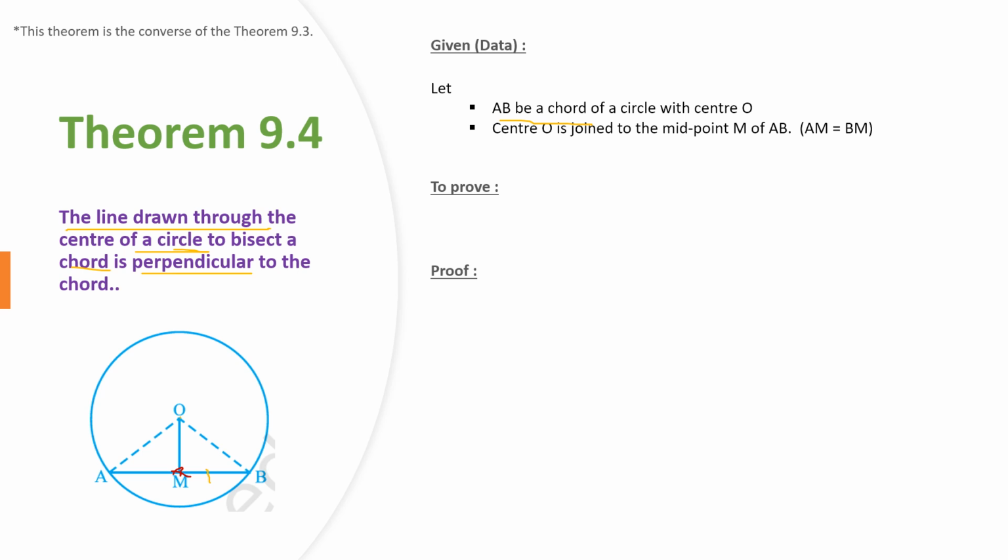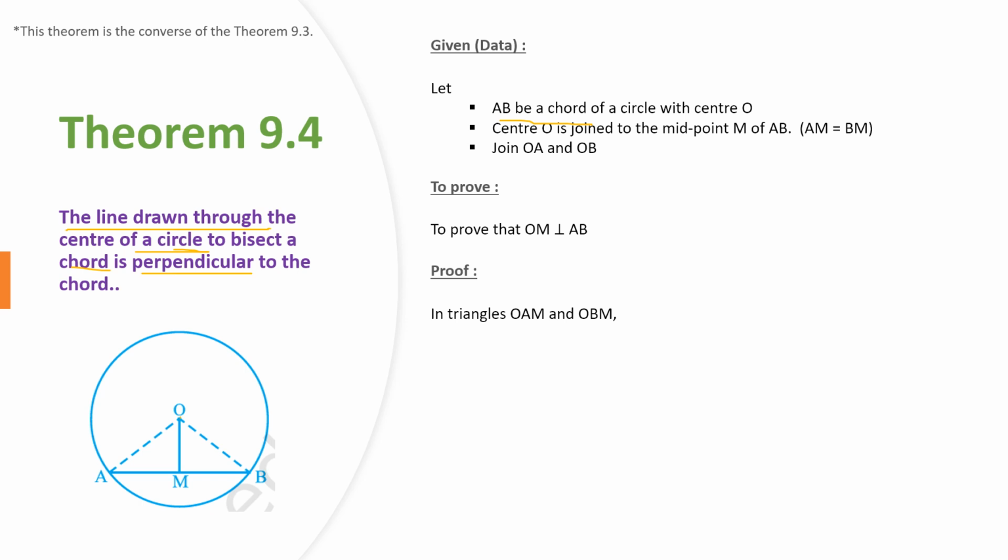It's given that AM is equal to MB. We just joined OA and OB to make the triangles. What to prove? We have to prove that this line OM is perpendicular to the line AB. Now let's go for the proof. Observe this: it forms two triangles.